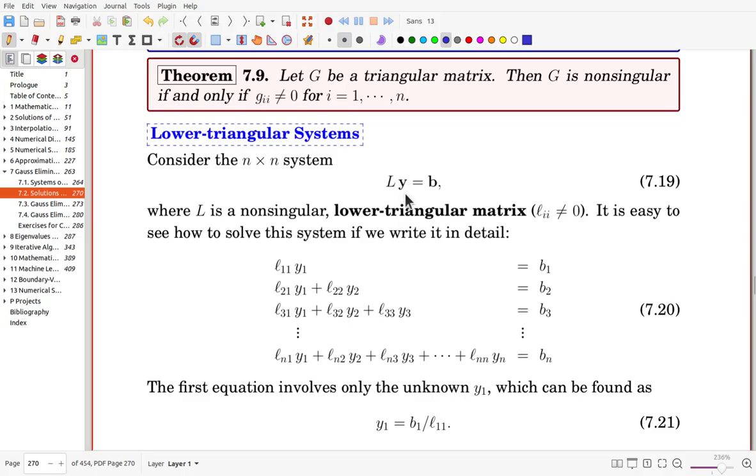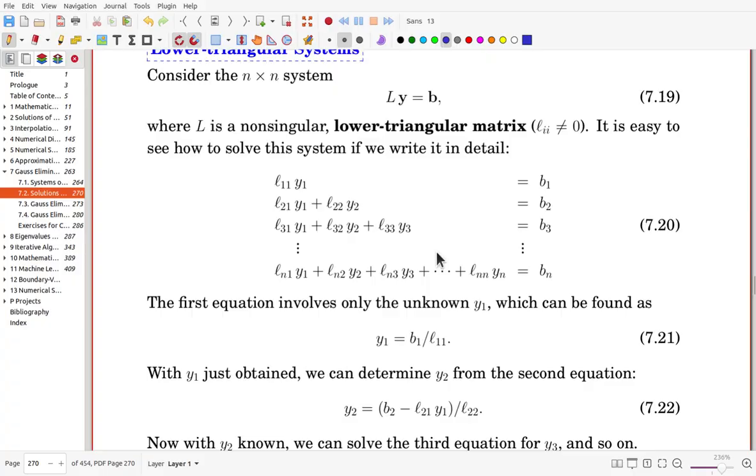The goal is to find y. From the first equation, we divide this equation by L11, then we can get y1, right? Once y1 is known, we move this term to the other side and divide by L22 to get y2.